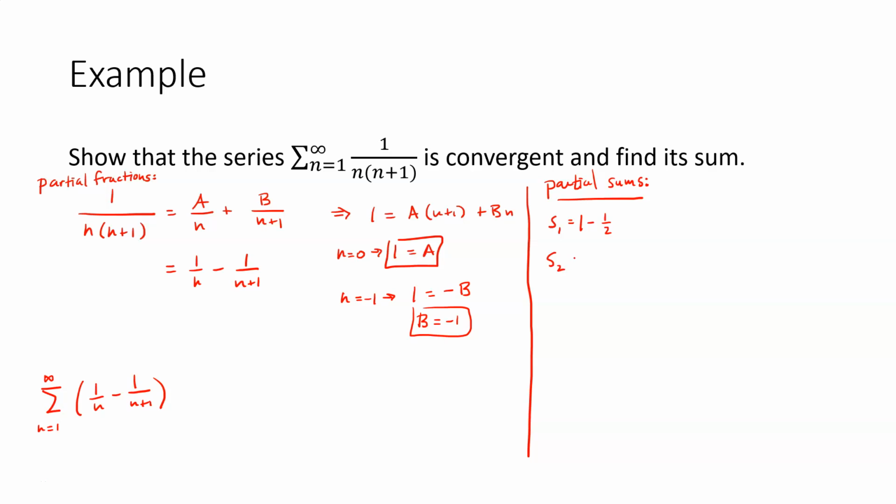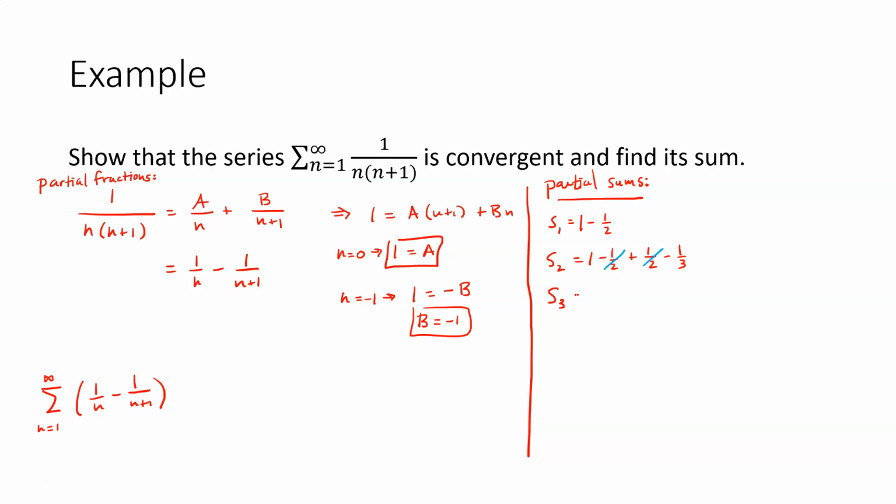S2 is the second term. That's going to be 1 minus 1/2 plus, and then when n equals 2, 1/2 minus 1/3. And what I observe here is that we already get some terms that cancel. And so this collapses into 1 minus 1/3.